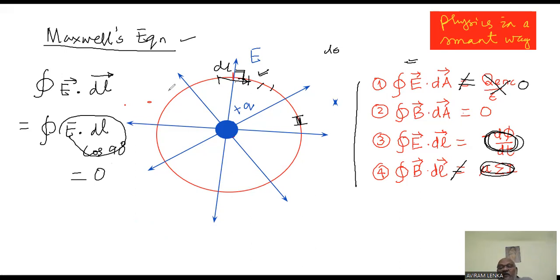And we can see that is there as equation number 3 of the Maxwell equations. The thing that we have done, that is closed path integration, or the circular integration of E·dl equal to 0, we can see appearing as equation number 3 of Maxwell.